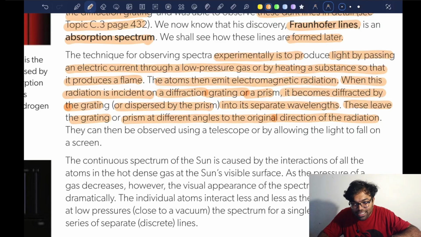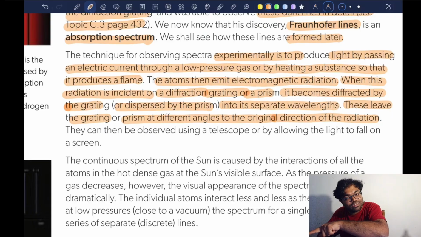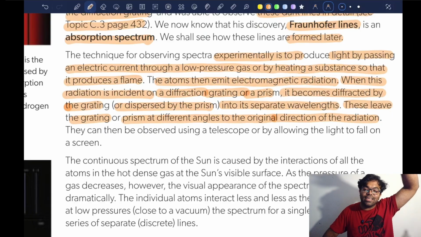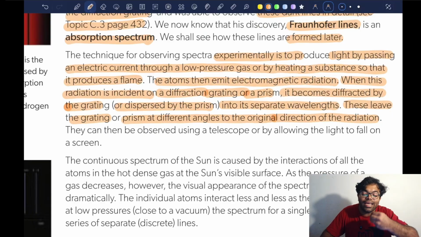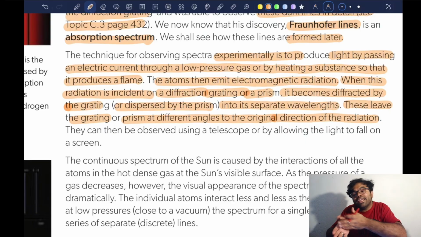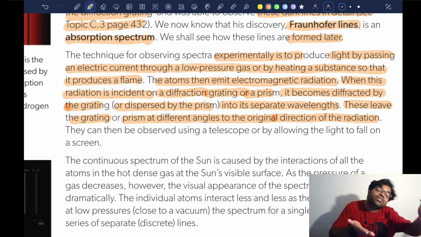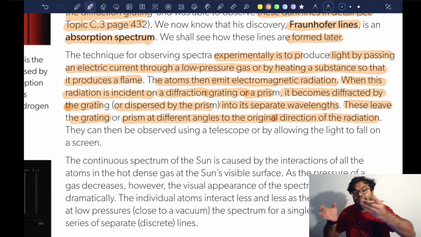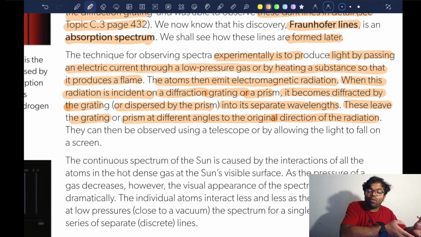So, when the excited electron, which got excited in the first place by heat or electricity, goes to the excited state and comes back, it releases the excess energy that it had absorbed in the form of radiation. And this radiation contains colors of light of various different wavelengths. It could contain some red light, blue light, green light, violet light.